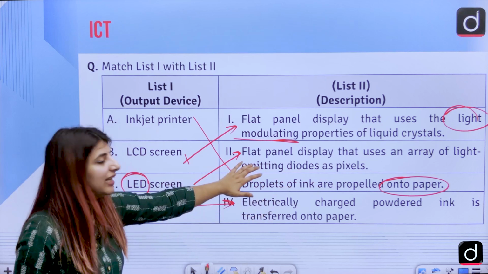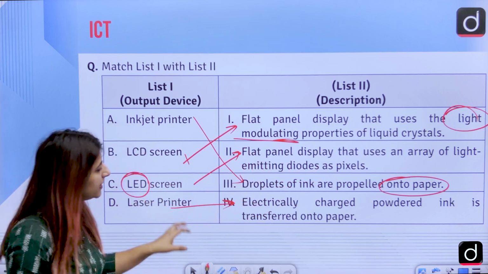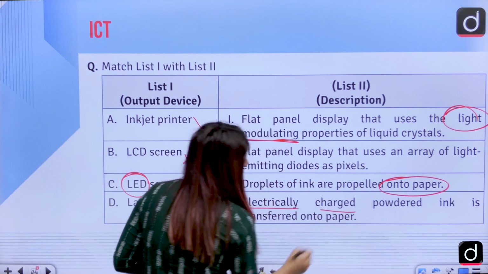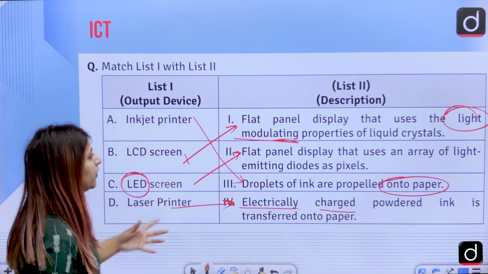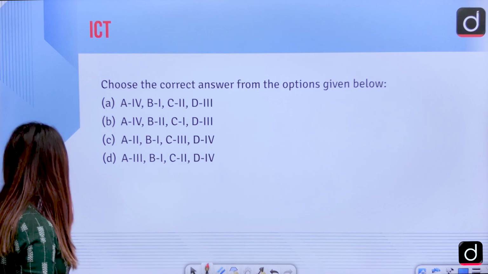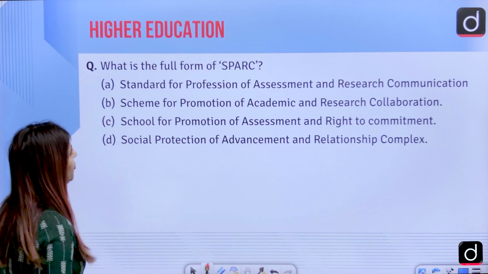So you could have easily answered this very thing through this very guess. Laser printer, electrically charged powdered ink is transferred onto paper, right? So I hope you all were able to answer this question as well. There is no description needed because the description was already in the question.